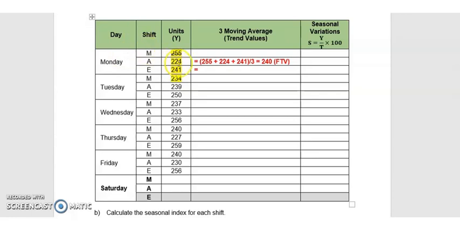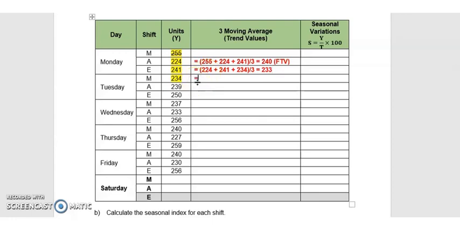So the second trend value will be 224 plus 241 plus 234, divided by 3. So the second trend value is 233.